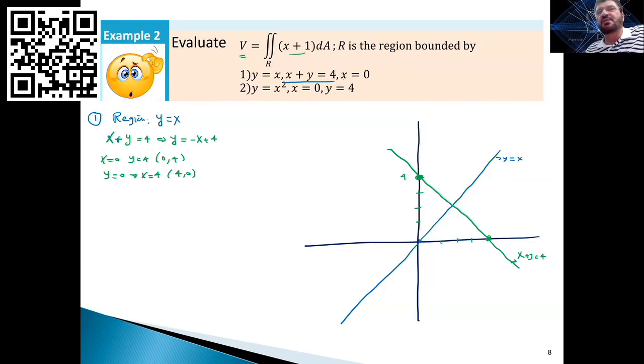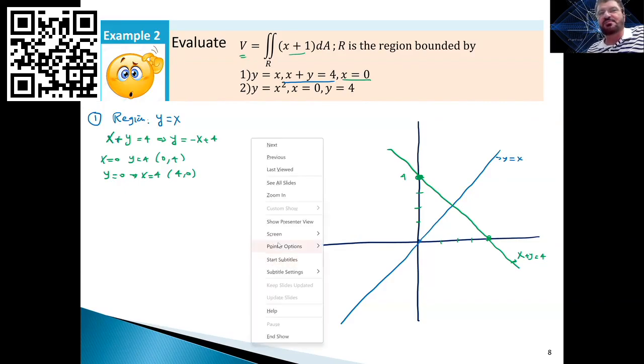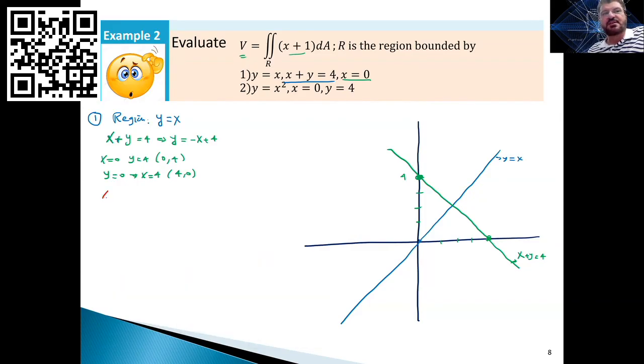The third one is x equal to 0. Where is x equal to 0? We know x equal to 0 is the y-axis, isn't it? So this is, by the way, x equal to 0. Where is the region that has 3 colors in them?